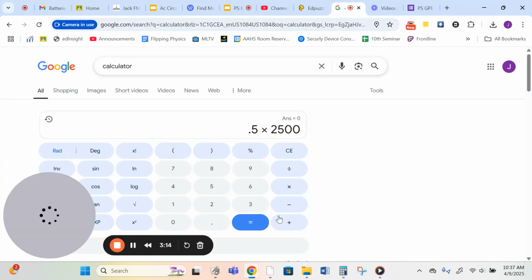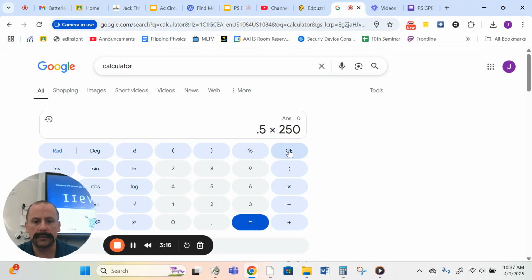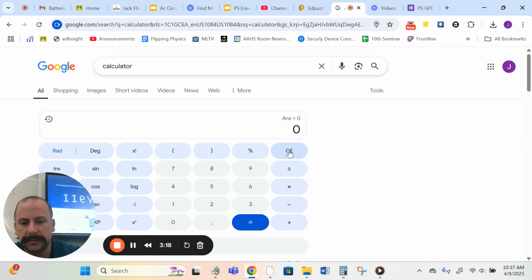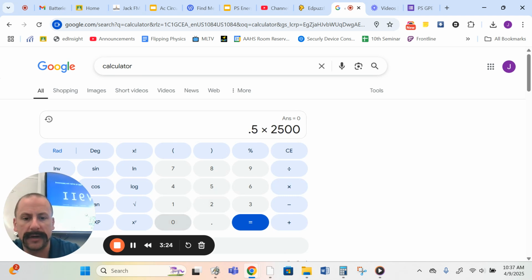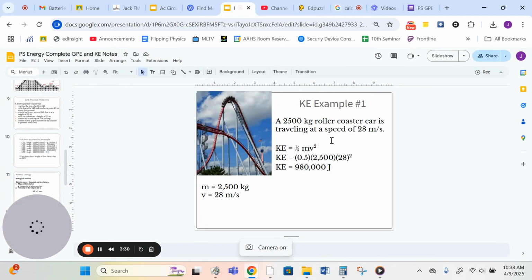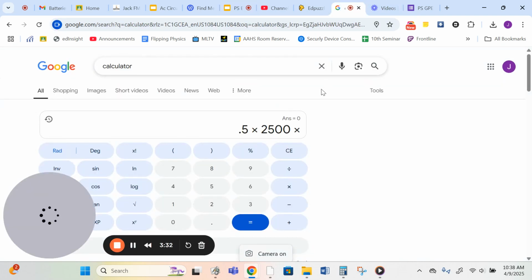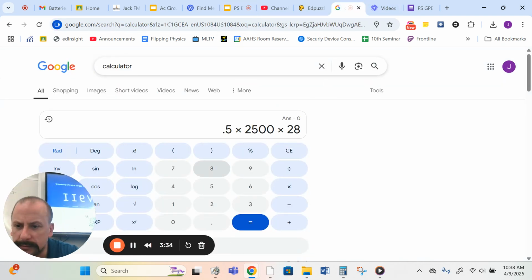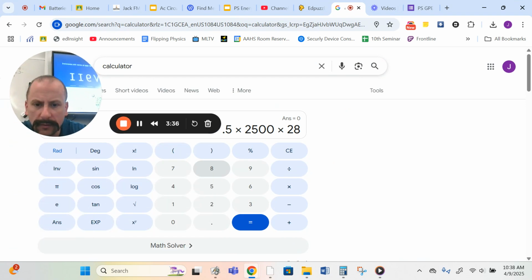Again, if you're using the calculator app in Google, I'm typing this in: 1/2, or just 0.5, multiplied by the mass, 2,500, multiplied by how fast it was moving, 28. Then I'm looking for the square button.